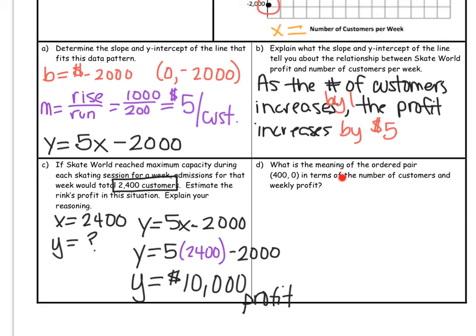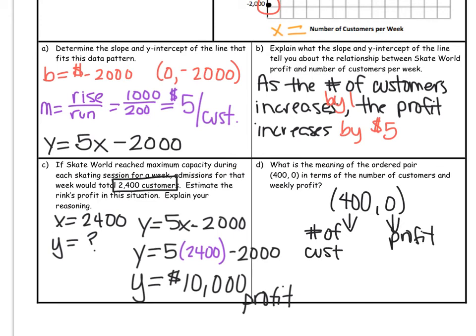What is the meaning of the ordered pair (400, 0) in terms of the number of customers and the weekly profit? So remember, our x value was the number of weekly customers, and our y value was the profit. So if we have 400 customers, we end up with 0 profit.